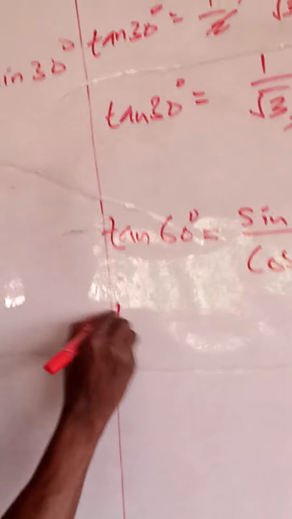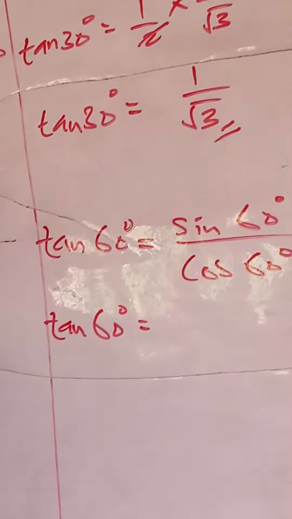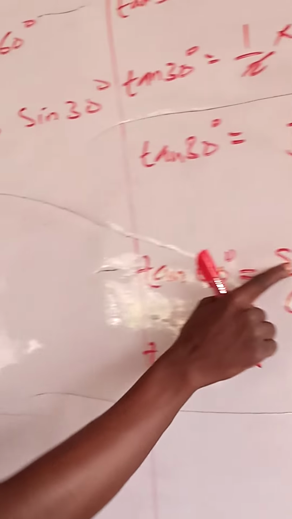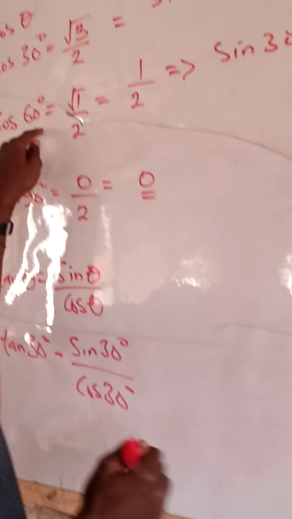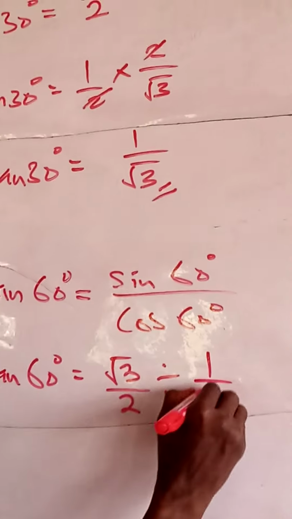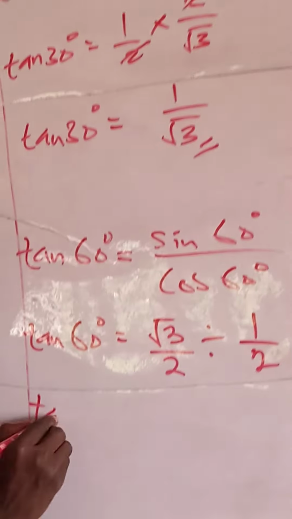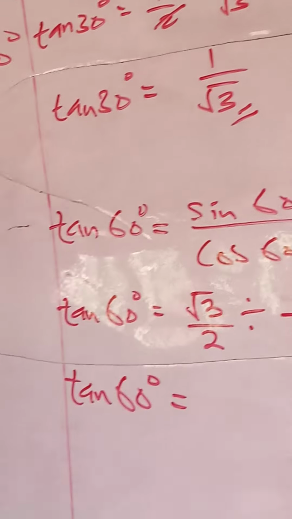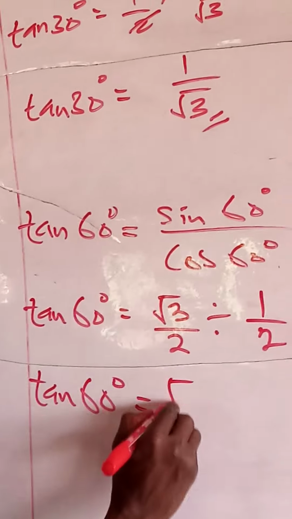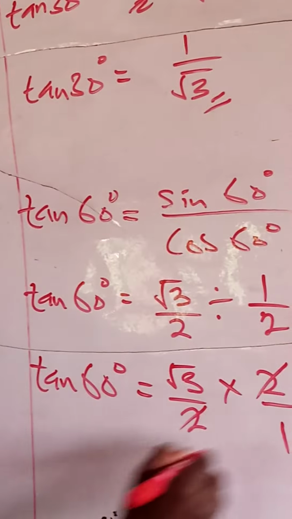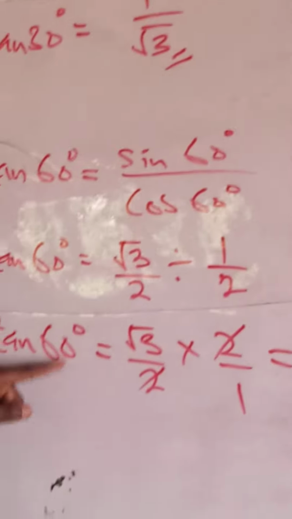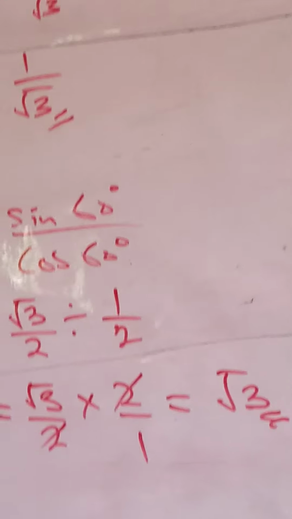Now our tan 60 degree is equal to sine 60 that we calculate, root 3 over 2, divided by our cos 60, which is 1 over 2. So we have root 3 over 2 times 2 over 1. So this takes care of this, and we have it to be equal to root 3. So tan 60 degree is equal to root 3.